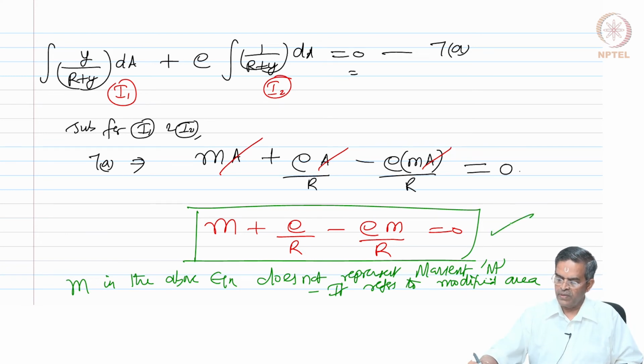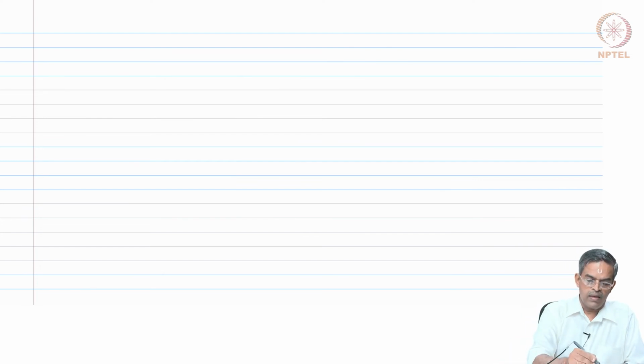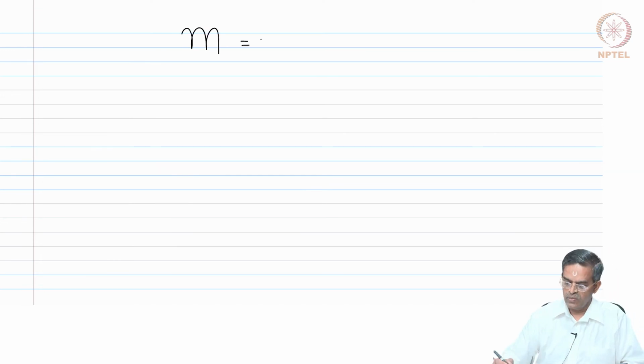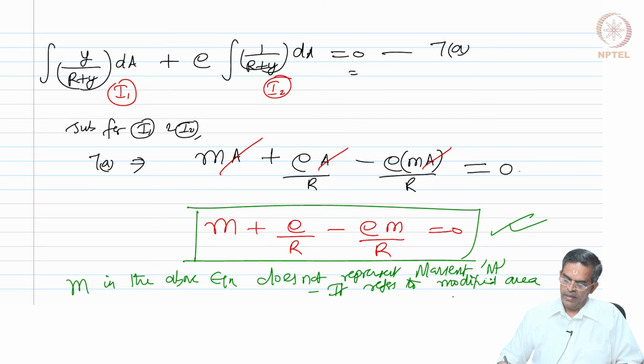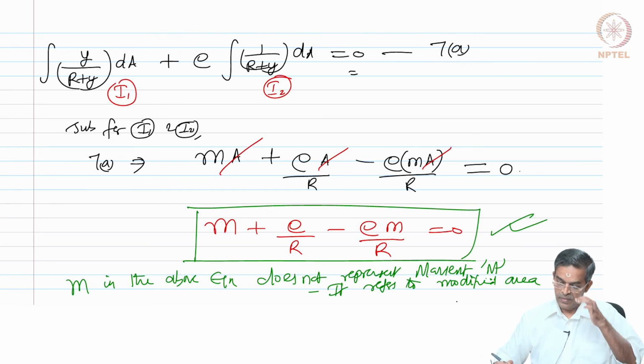So, we have derived this equation in closed form. I hope there is no confusion in this. Let us go ahead. Having said this, let us say now m is equal to E times m by r minus 1 by r. Can I say that?